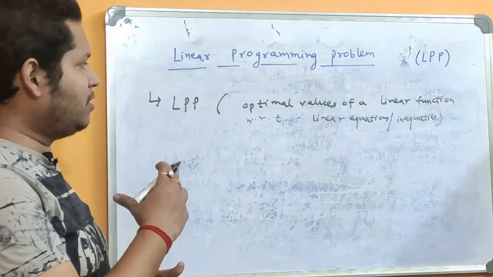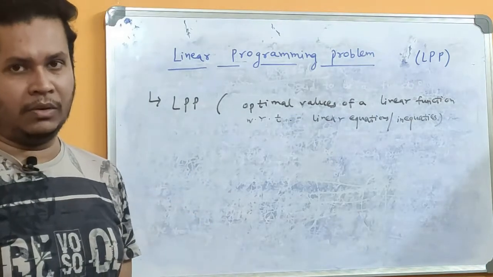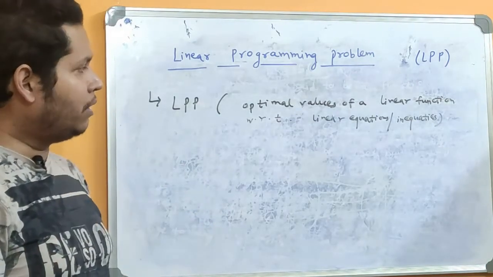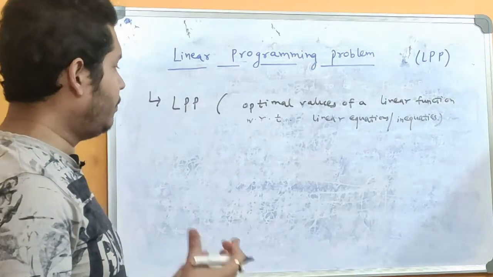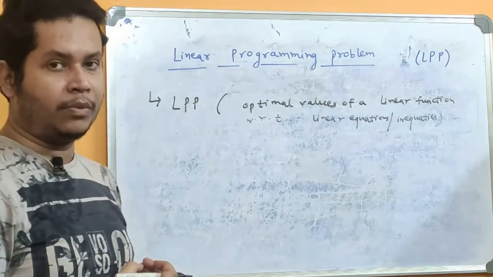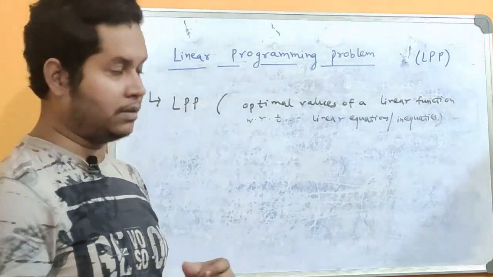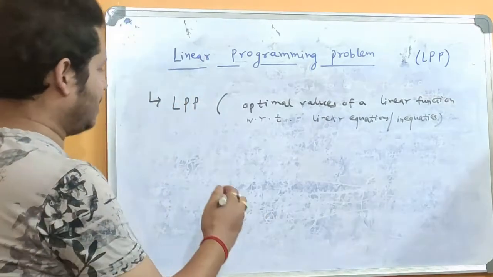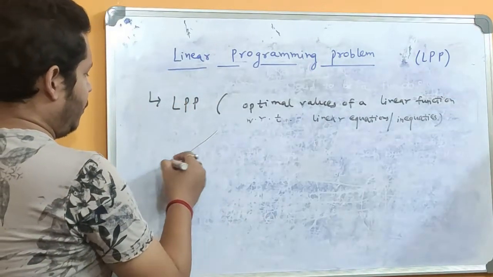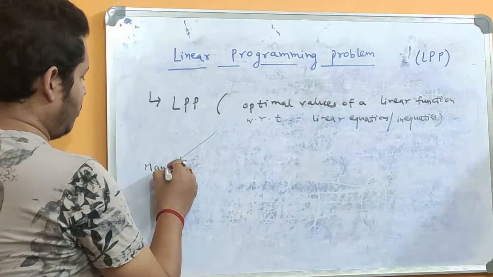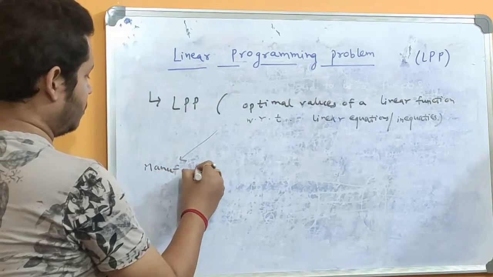Now to understand this better, we will see an example. But before that, we also need to know the different types of linear programming problems that we are going to face in class 12. There are three basic types. The first one is called manufacturing problems.